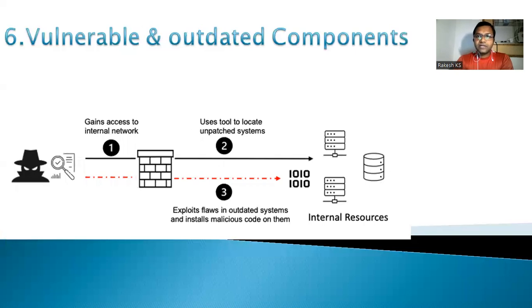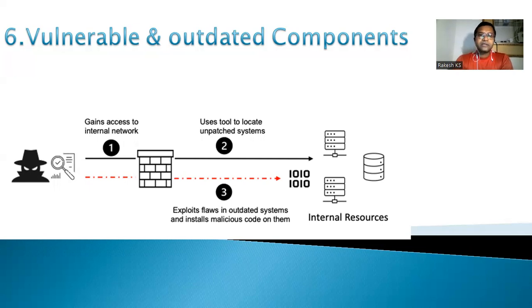Next one is vulnerable and outdated components. Usually the servers, the database, or the network components, routers, switches, will be outdated. Those outdated components will not be as strong against the latest software security features or the latest software hacking methodologies.